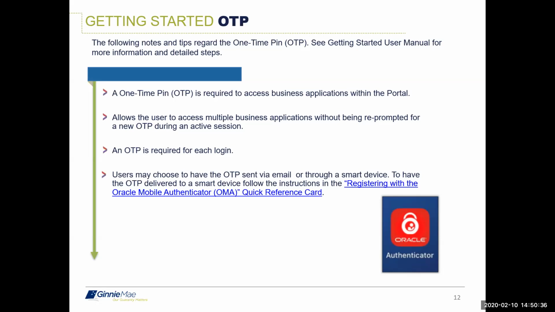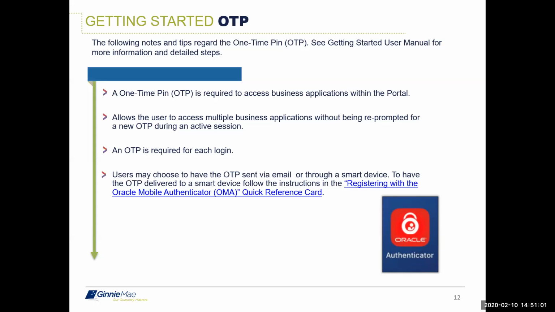So, having said that, if you register with the Oracle Mobile Authenticator on your smart device, that could be a phone, that could be an iPad or tablet, that PIN will be generated through the app, and you do not have to worry about any delays in receiving an OTP to log into the portal.